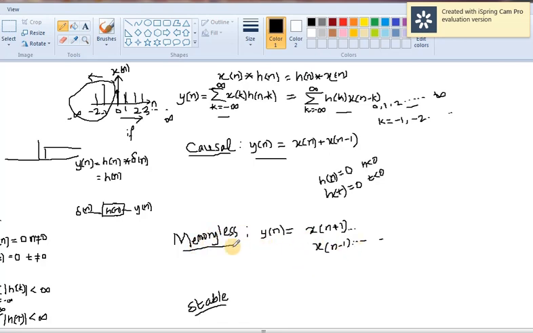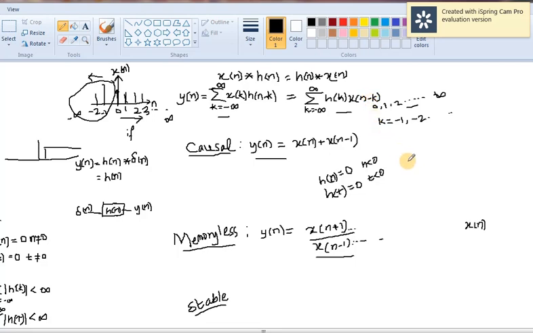So to be memoryless, what is the condition? It should not depend on either x of n plus values or x of n minus values. It should just depend on x of n. If it is just depending on x of n, then the system is said to be memoryless. Then let's have a glance at this equation again. In this equation, this system will become memoryless only for what value of k?